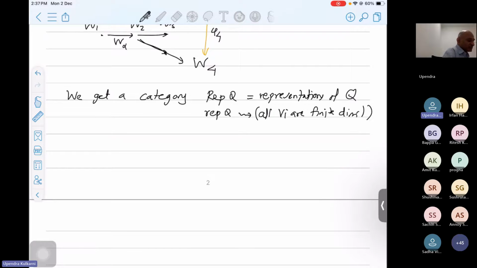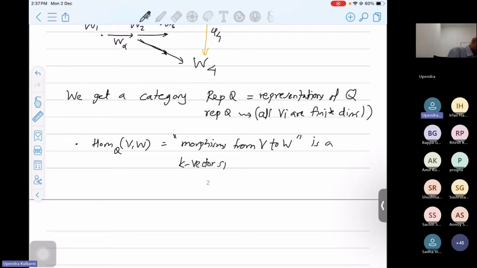One of the subsidiary goals, if you will, of this series of lectures is to slowly introduce category theoretic language so that you can get more comfortable with this. So let's say some things about this category. If we say that Hom(V, W), and maybe I put Q over here, the set of all morphisms from V to W, is a K vector space.